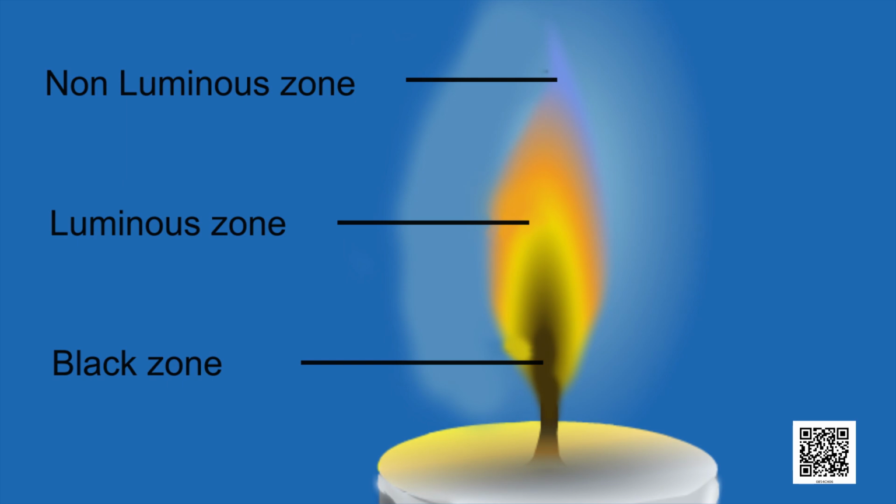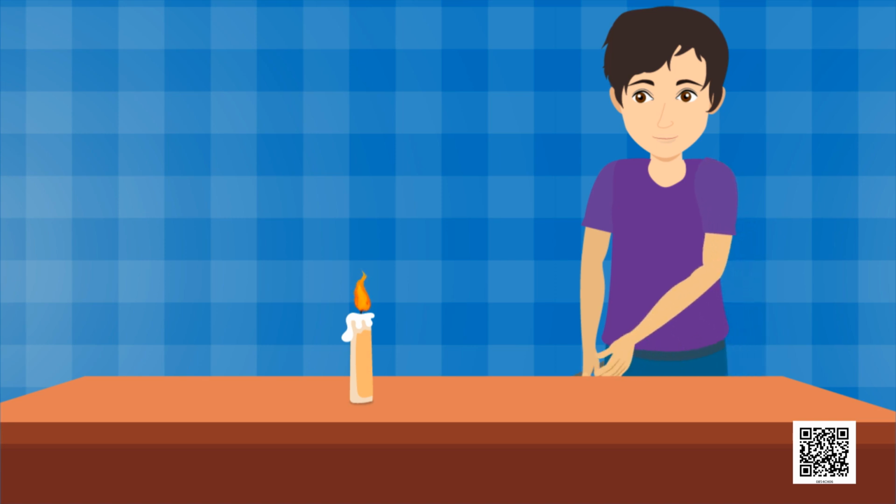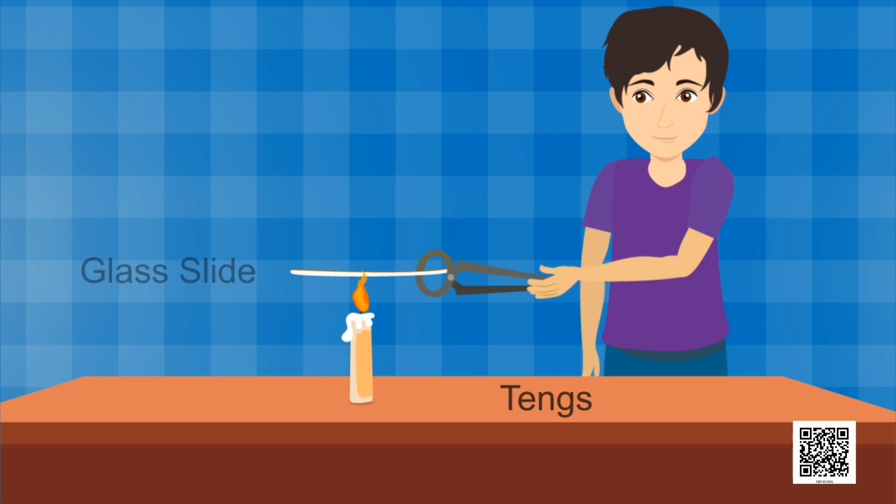Let's perform an activity to understand the three zones of a candle flame. Take a lighted candle. When the candle flame is steady, introduce a clean glass slide into the luminous zone of the flame. Hold it there with a pair of tongs for about 10 seconds and then remove it.